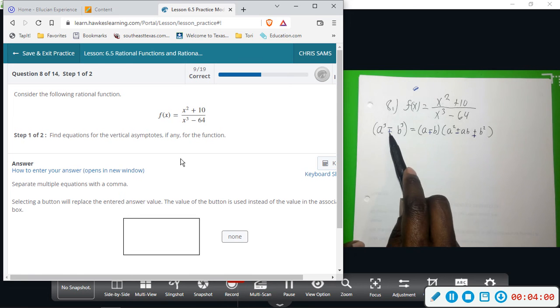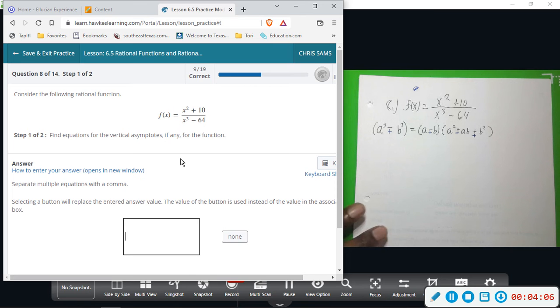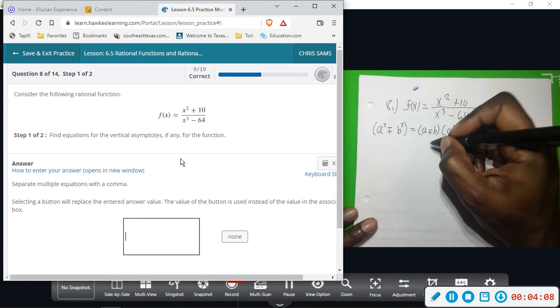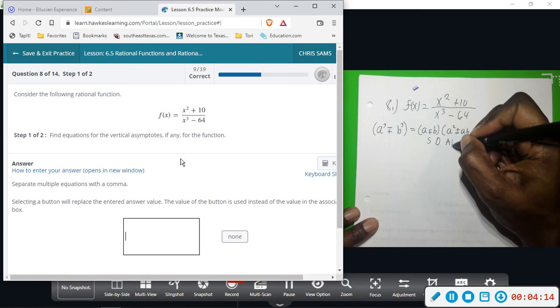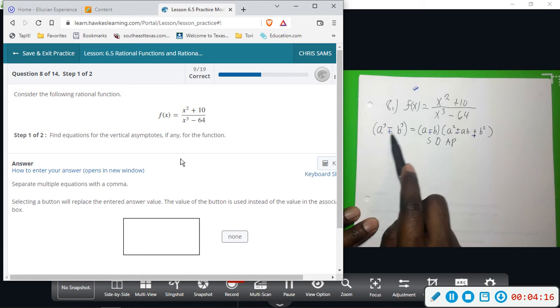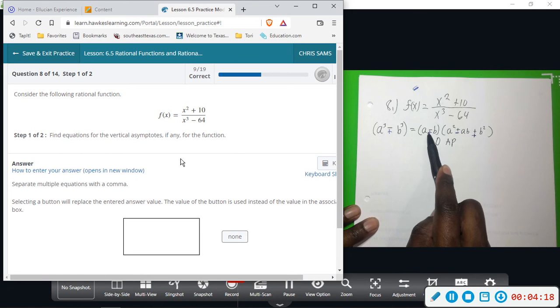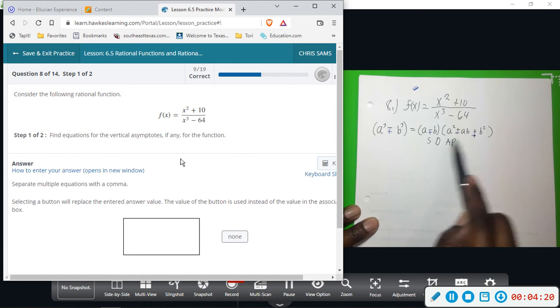If it's positive, you follow the blue signs. And it's the same setup. There's an acronym, SOAP: same, opposite, always positive, to help you understand the sign. Whatever you had here is going to be the same, this is going to be the opposite, and then the last one is always positive.